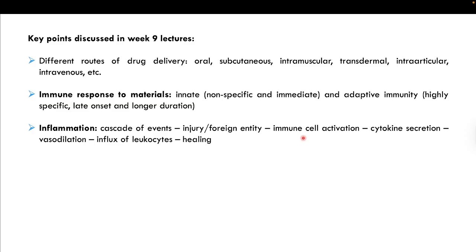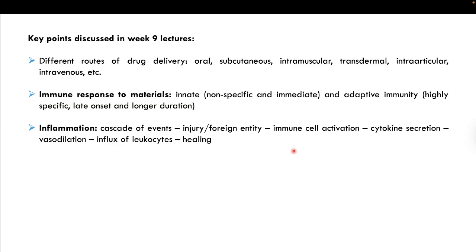They then get activated, and they start secreting cytokines. Cytokines are very small proteins, and they are signals to other cells that some injury has happened, or there is some infection, or there is some foreign body in the human body. Because of these cytokines, certain processes happen in this inflammation. First of all, there is vasodilation. What does that mean?